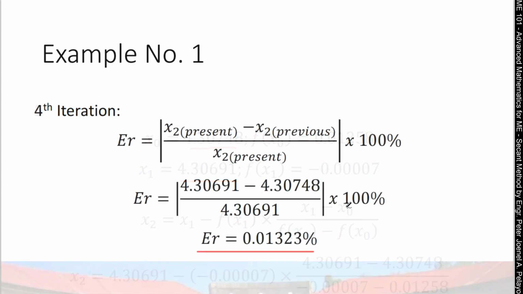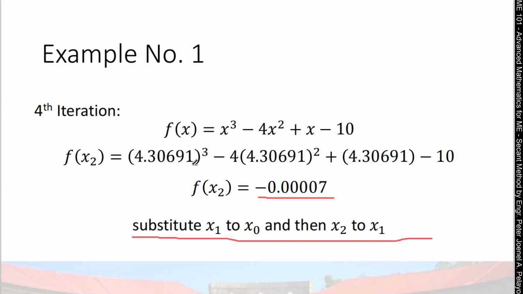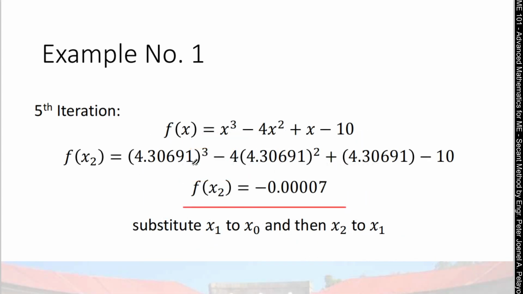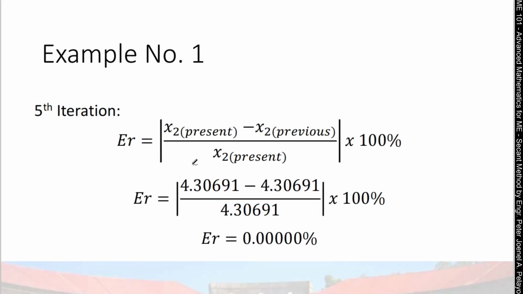So, as you can see actually, yung x2 natin for the fifth iteration ay parehas sa previous. So, kung naging ganon, okay lang yan. Meaning, ang ER natin is 0%, kasi parehas yung x2 natin, previous and present. Syempre, 0 sa taas over kung ano yung value niya, times 100, ER.